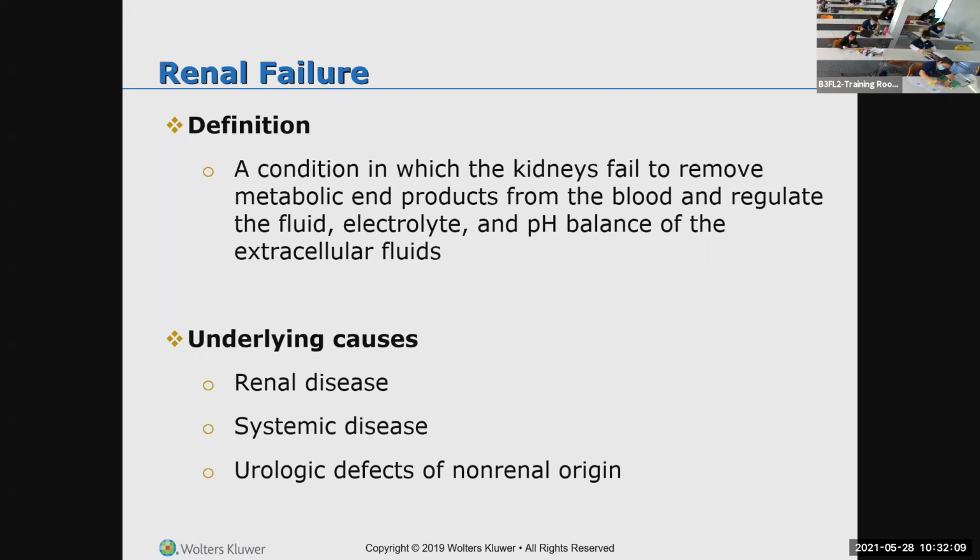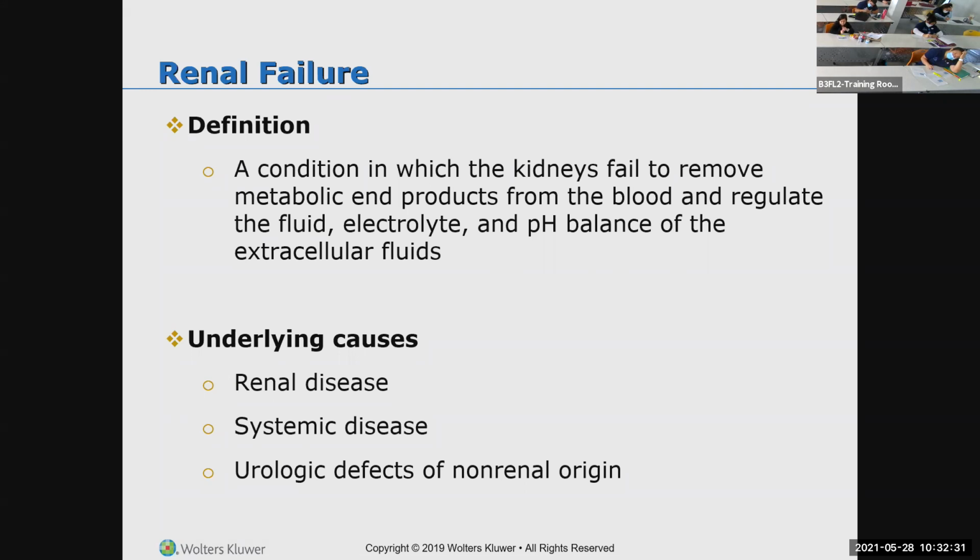Pre-renal means before the kidney, which is healthy, something is wrong somewhere. Number two is my kidney is at fault, kidney disease. Systemic disease, like hypertension, high blood pressure.